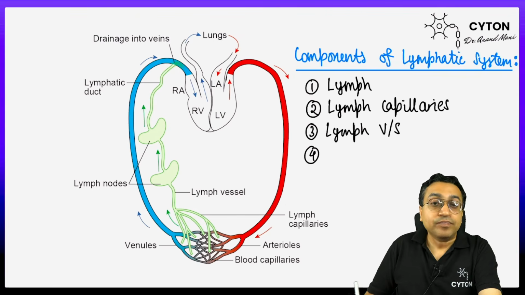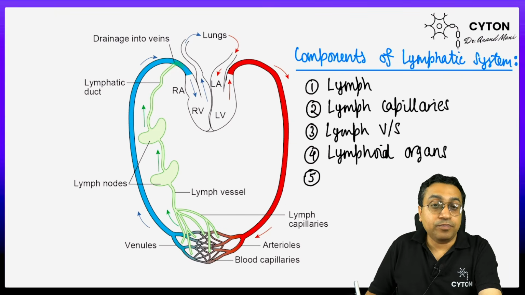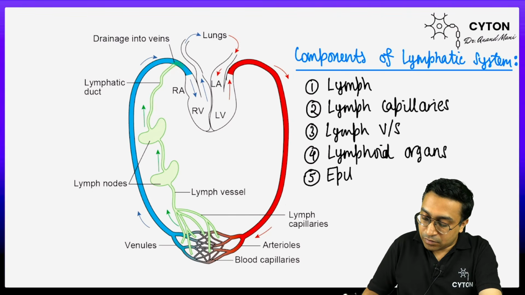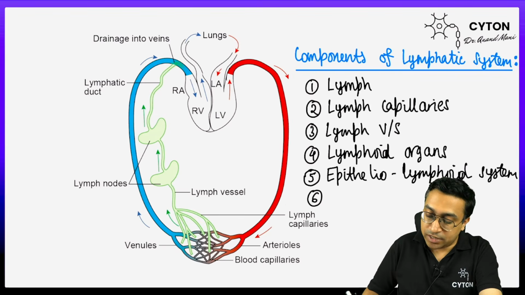Number four, the lymphoid organs. We will understand in a while what are the lymphoid organs we have. Number five, the epithelio-lymphoid system, and last but not the least, the bone marrow.